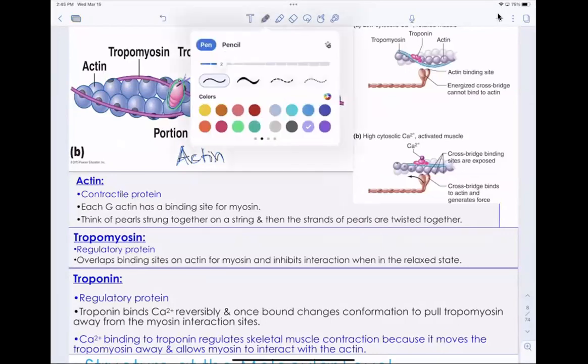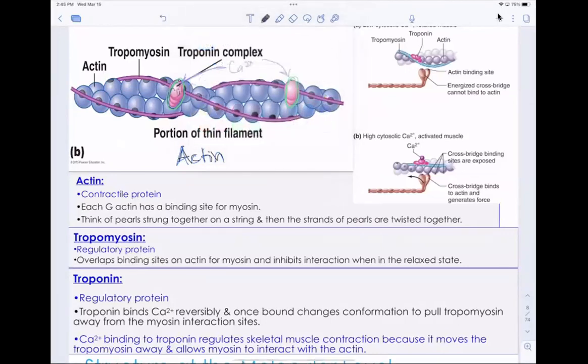And when a calcium binds to troponin, say calcium binds on that troponin, it's going to move this regulatory protein strand here and here. It's going to move it off these little black dots. And what are these little black dots here? These are the active sites for myosin heads to attach to.